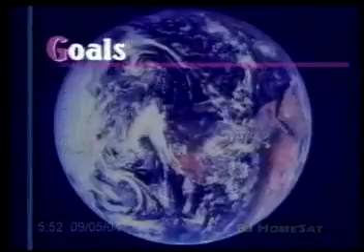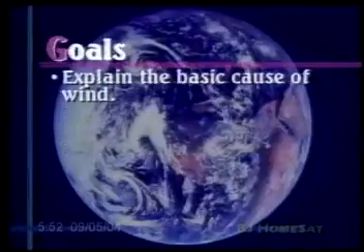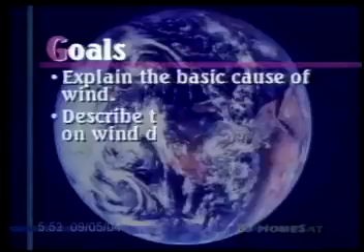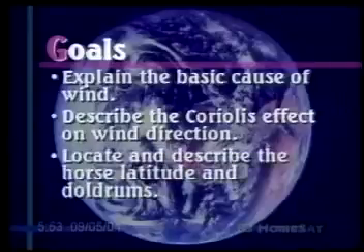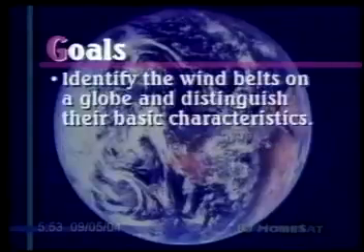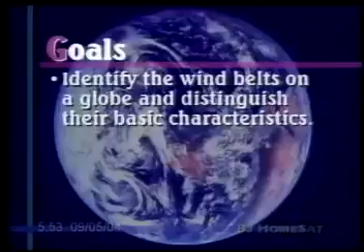For goals today, you need to be able to explain the basic cause of wind, describe the Coriolis effect on wind direction, locate and describe the horse latitudes and doldrums, and also identify the wind belts on a globe and distinguish their basic characteristics. So that's what we have in store for us today.